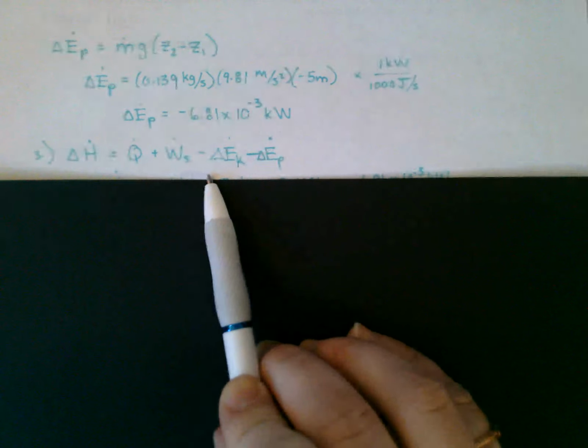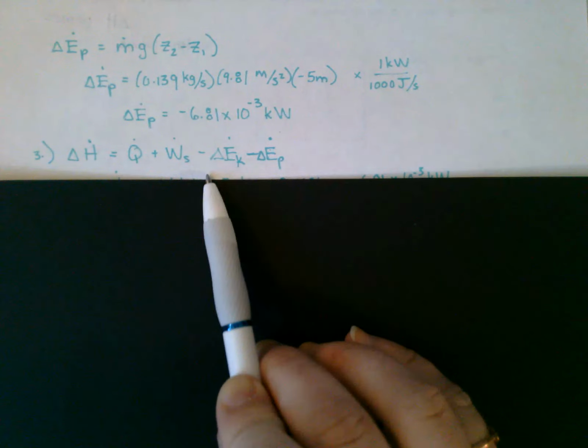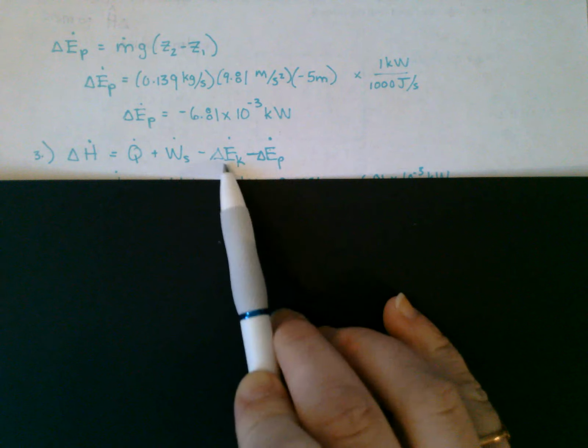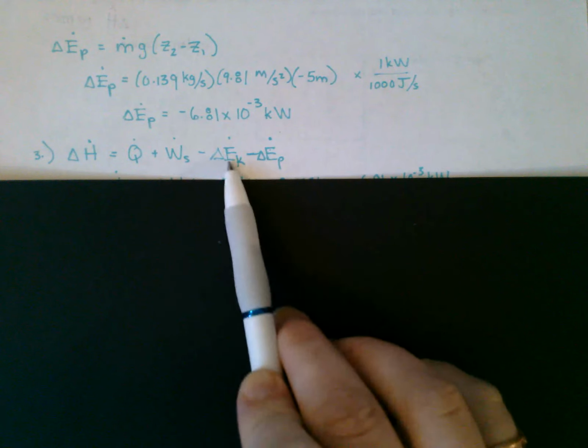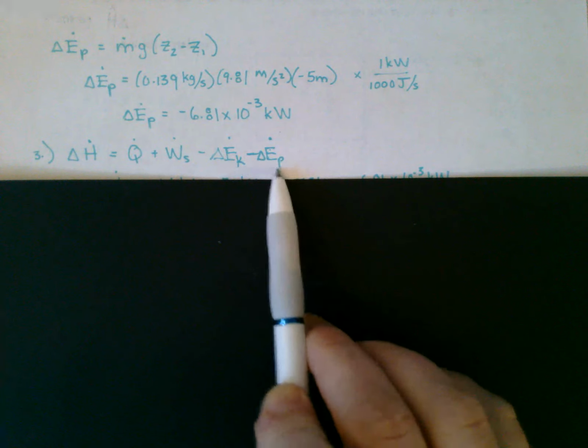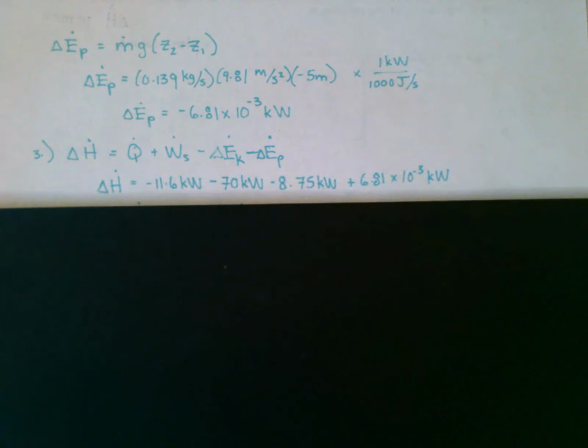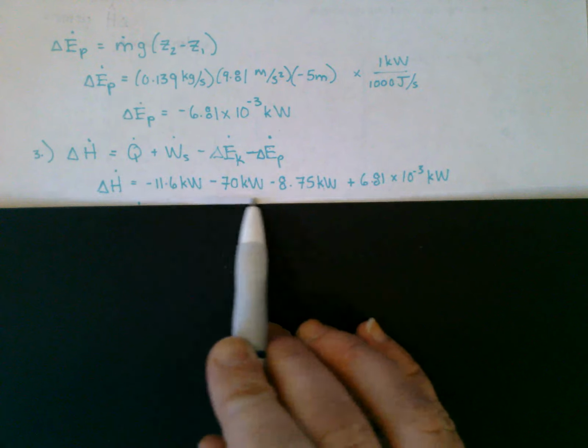Now we go back to our full open system energy balance. We have Q, shaft work, changing kinetic energy and changing potential energy. So let's put all those numbers in and find that delta H dot. If we do that, we want to be very, very careful of our signs.